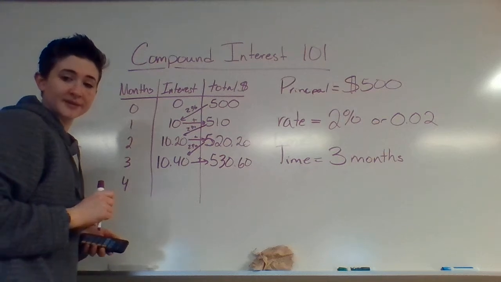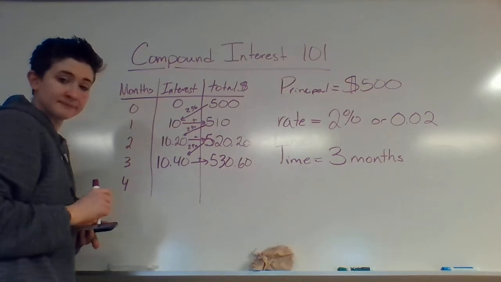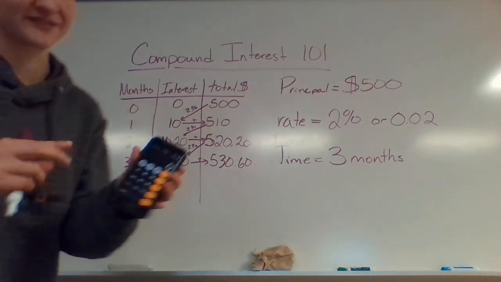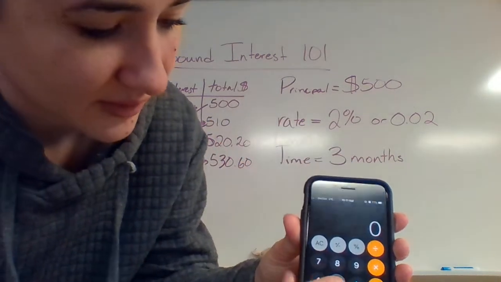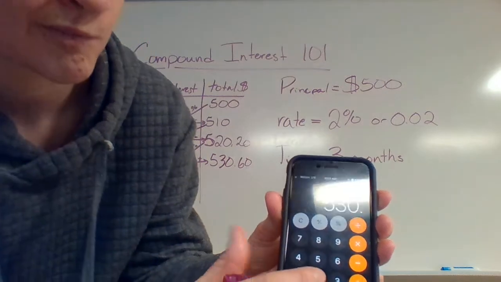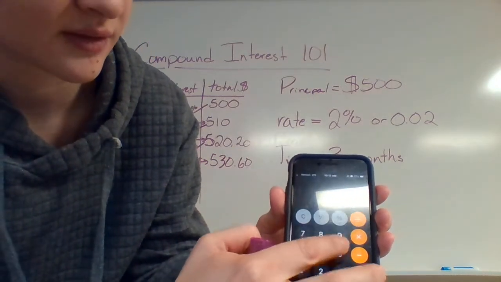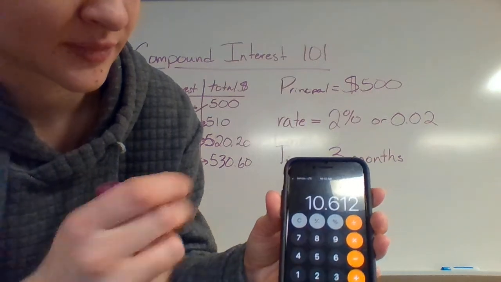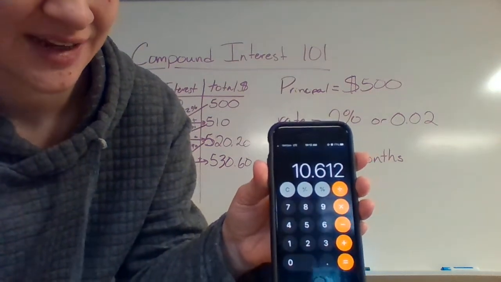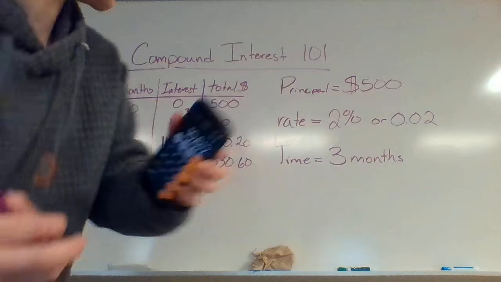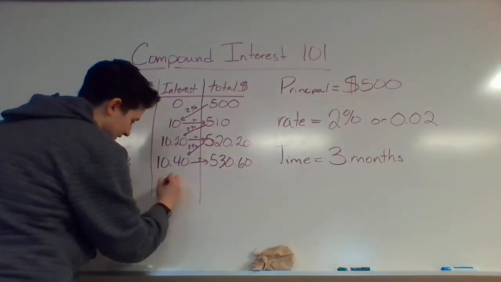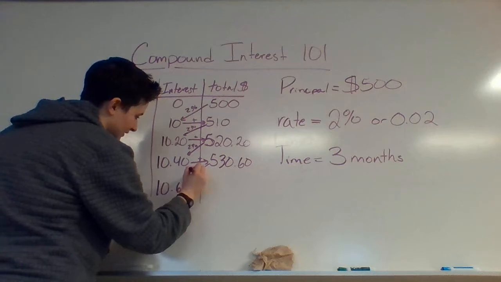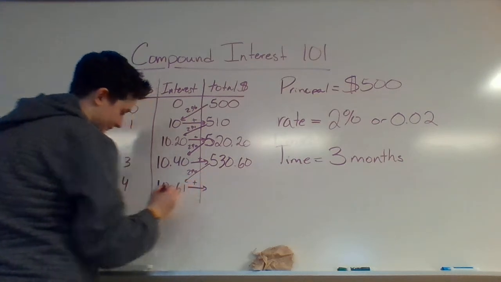Let's do that one more time. I'm going to take my 530.60 and multiply it by 0.02, which gives me $10 and about 61 cents. $10.61. That was my 2%, and now I add.